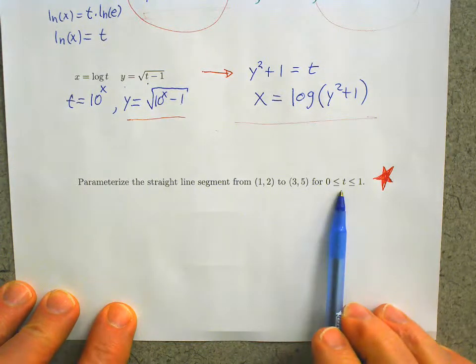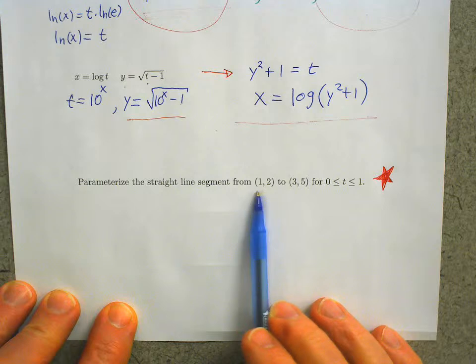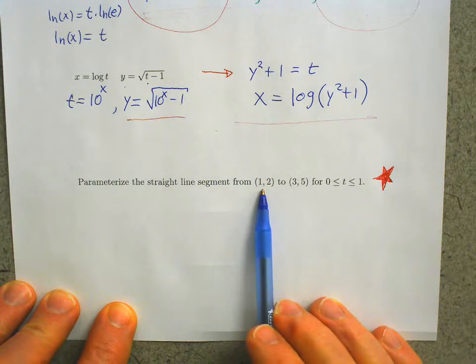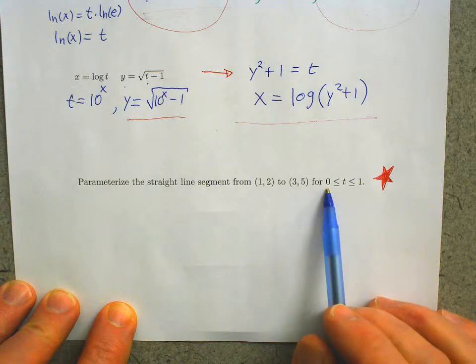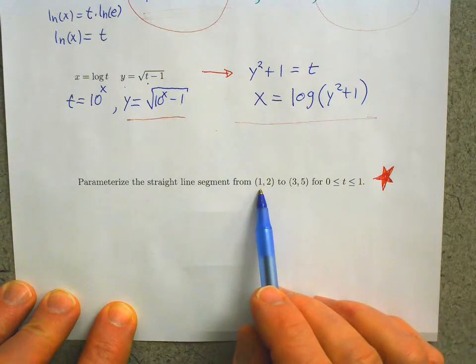Well, the point that we're starting from is the ordered pair 1, 2. So t equals 0 has to correspond to the ordered pair 1, 2.